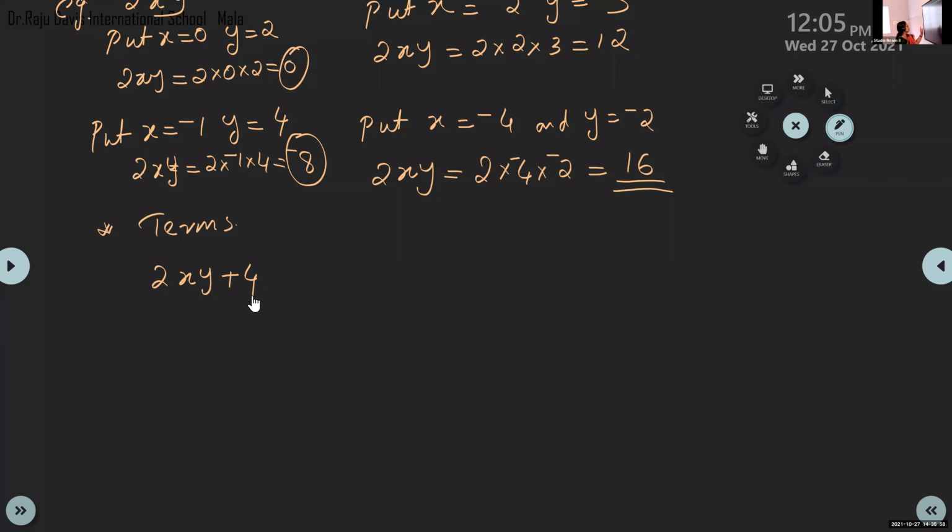There are two terms. One is 2xy and 4 is another term. If we add two terms, we are getting an algebraic expression.